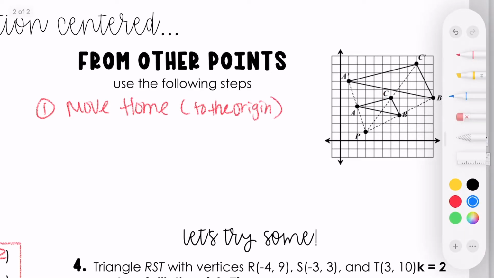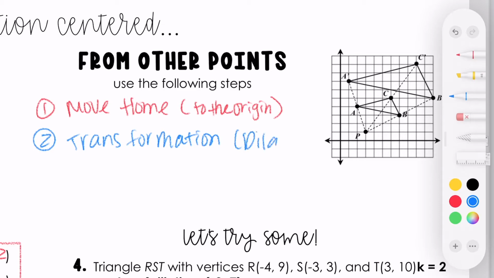Then we are going to apply our transformation, and in this case, that is going to be our dilation. Honestly, these steps are all the same. The only thing that actually changes is the actual transformation that we are applying. And then your final step is to go back to the point that you were given, so in this case, to our center of dilation.